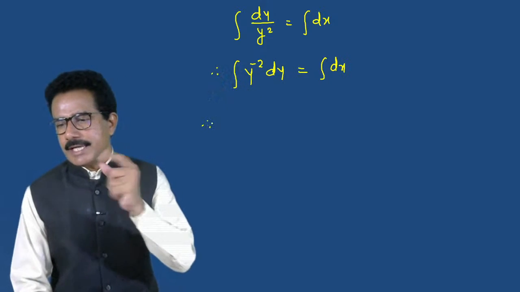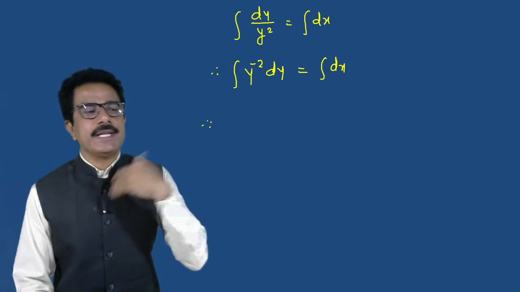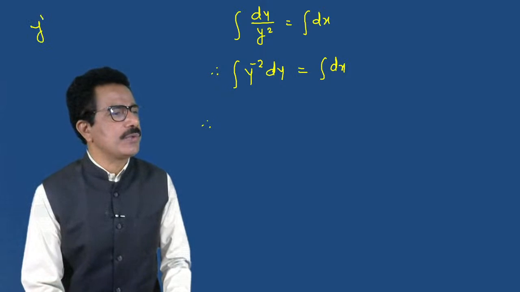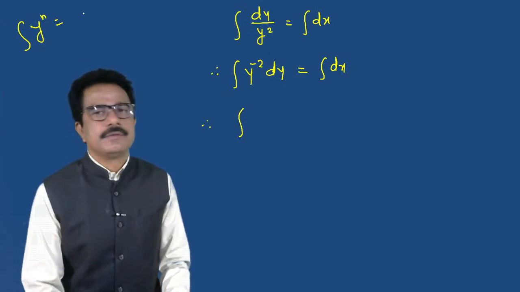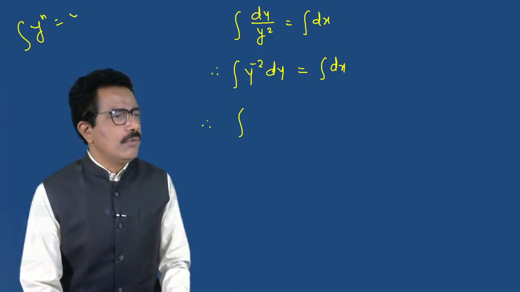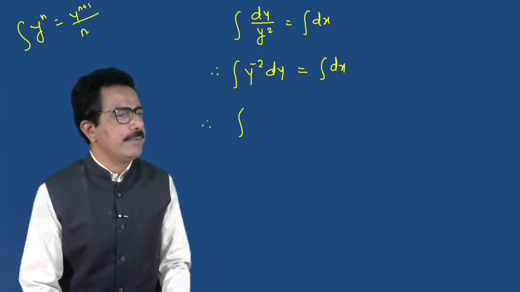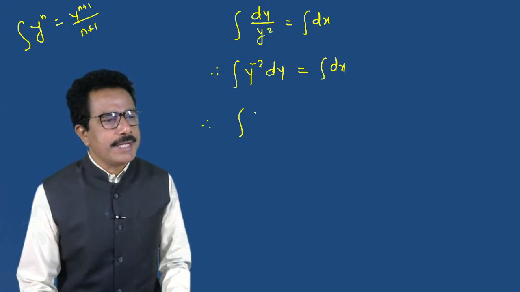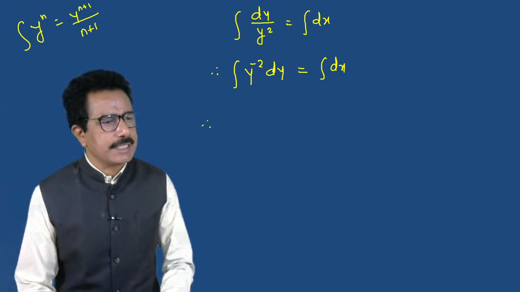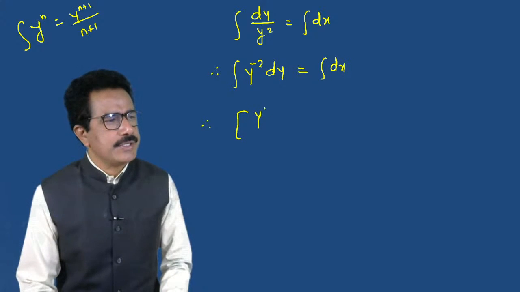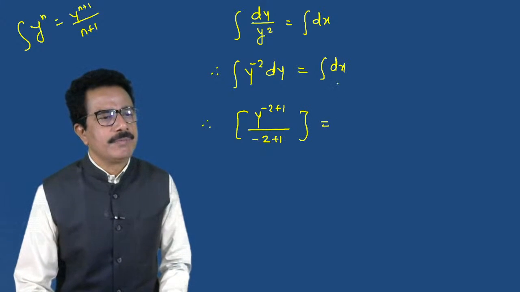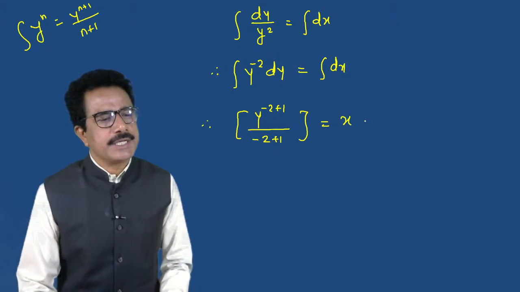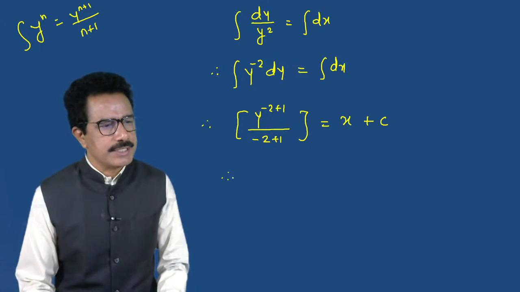Tell me, what is the integration of y raised to n? Now tell me the formula: y raised to n plus 1 divided by n plus 1. So the integration of y raised to minus 2 is y raised to minus 2 plus 1 divided by minus 2 plus 1, which equals the integration of dx, that is x plus constant of integration c.